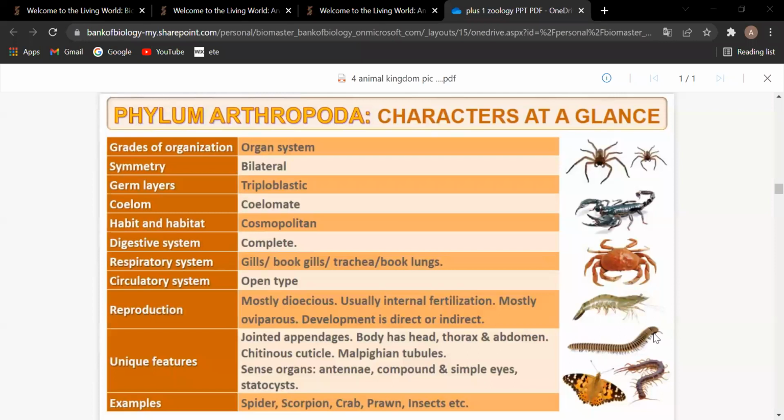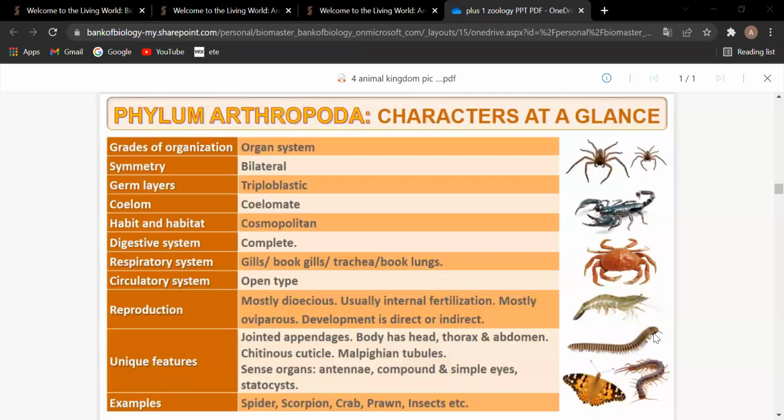Malpighian tubules are present, as we have seen already, along with the green glands, which are important names. Sense organs are antennae, compound eyes, simple eyes in some, along with statocysts. Some of the arthropods are going to have statocysts. Statocysts are sensory.